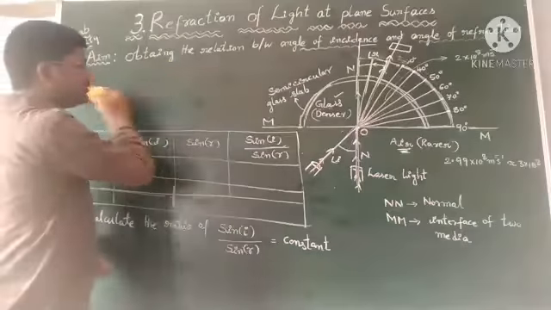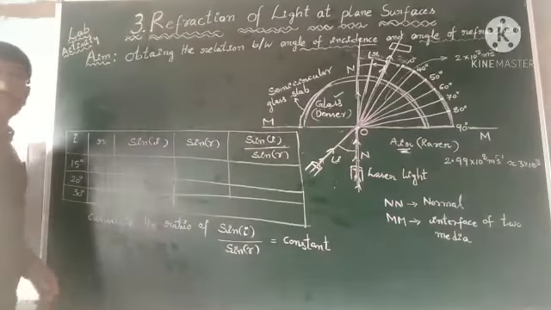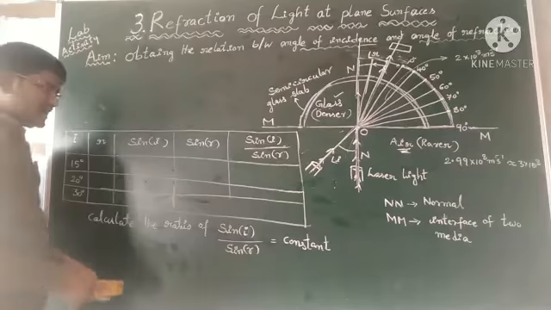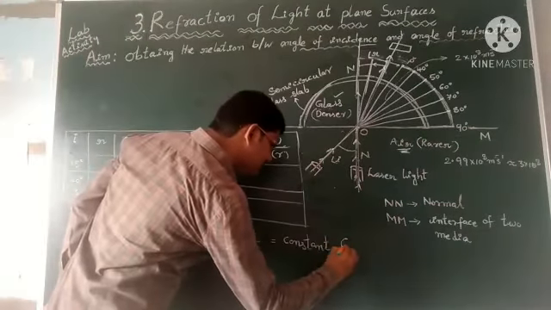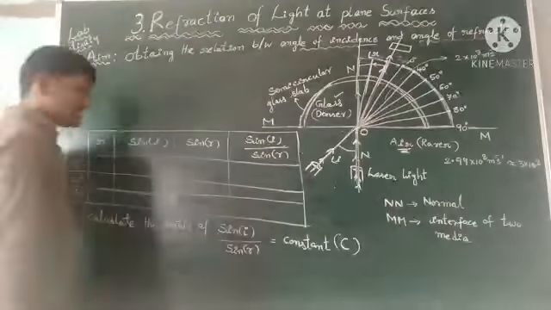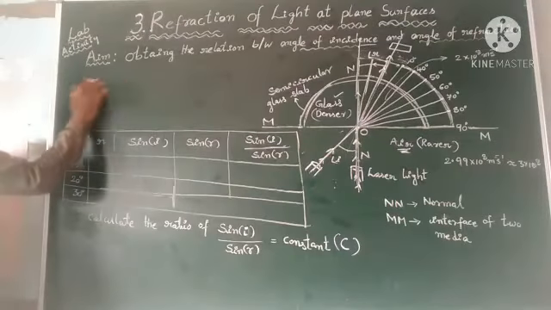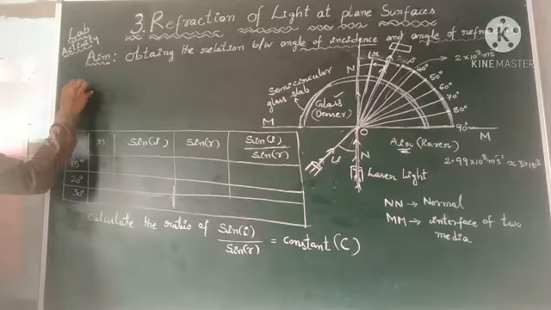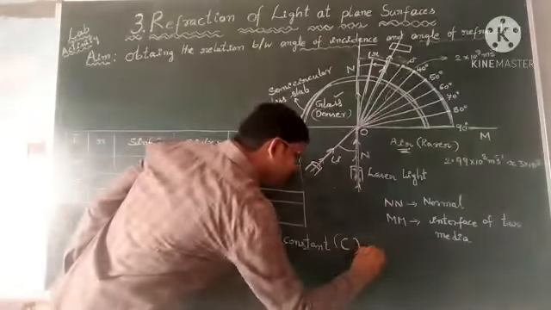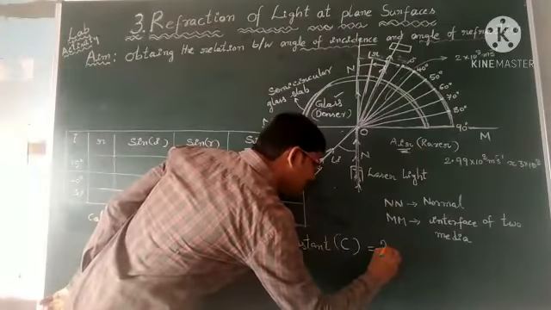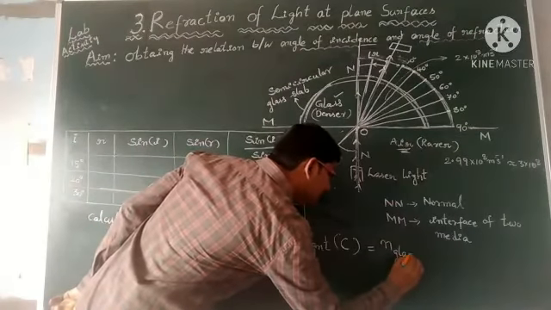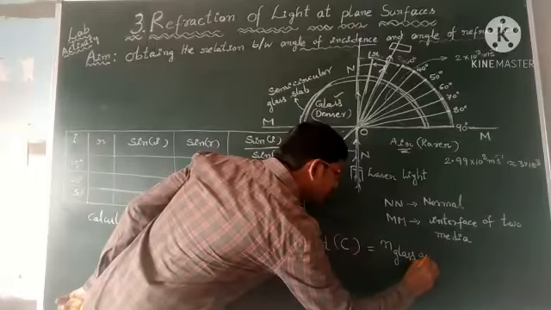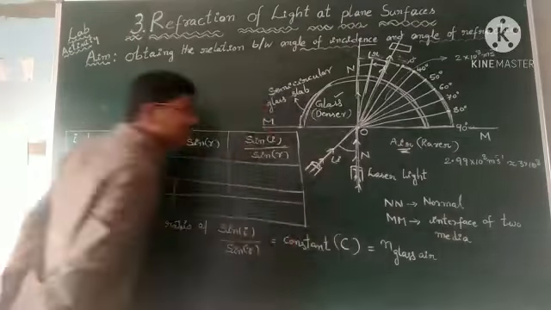If I denote this constant with the letter c, it is indirectly equal to the refractive index of glass with respect to the air medium.